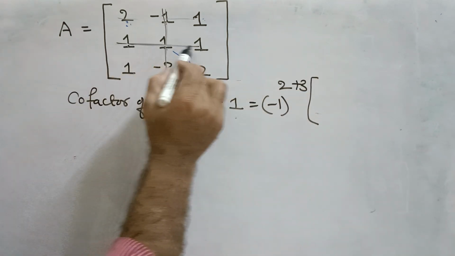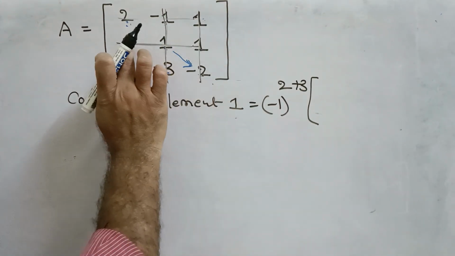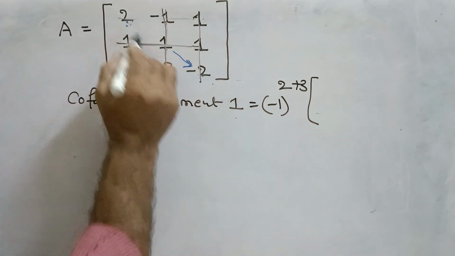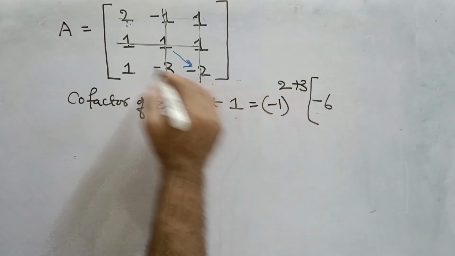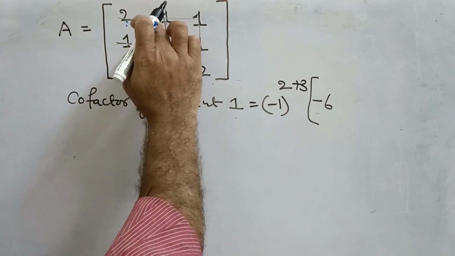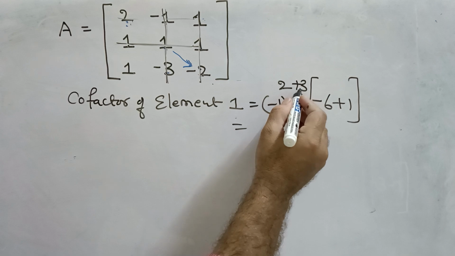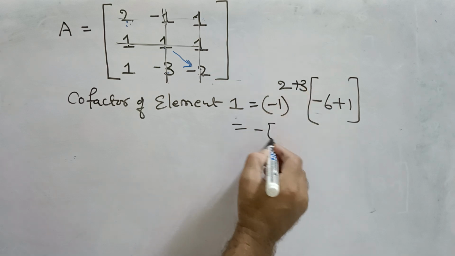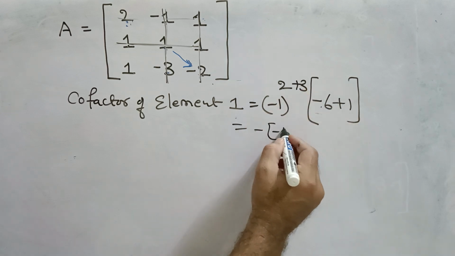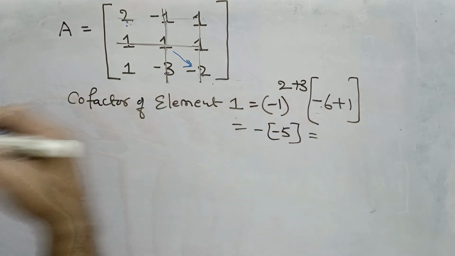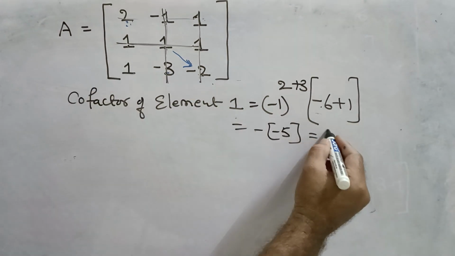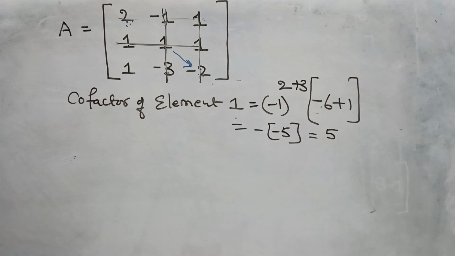Ignore this row and column, then 2 into minus 3, 6, minus, all minus is there, plus 1. 2 plus 3 is 5, the minus symbol will come, it is minus 6 plus 1, minus 5, and with the sign it is plus 5. So the cofactor is 5.